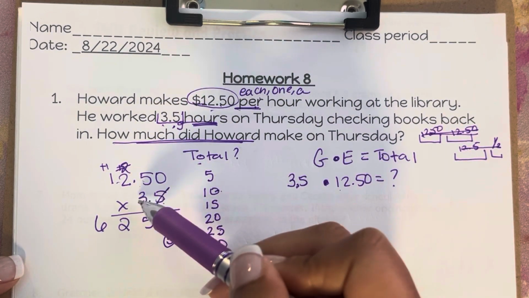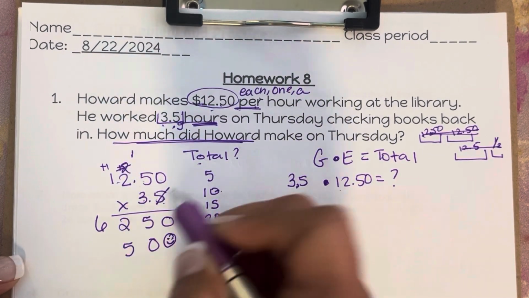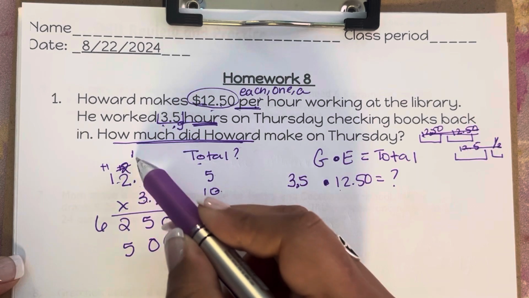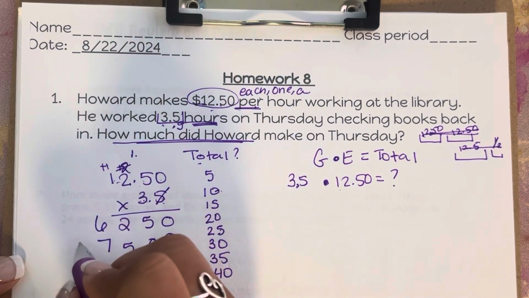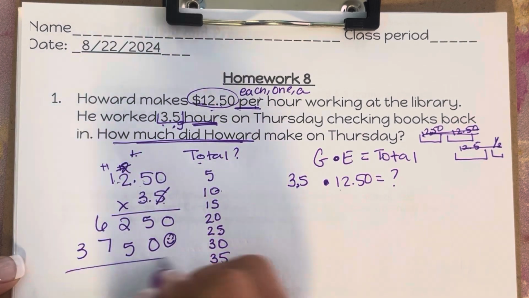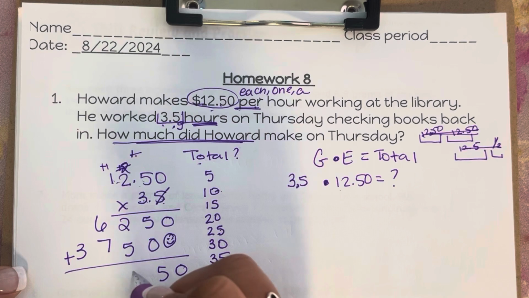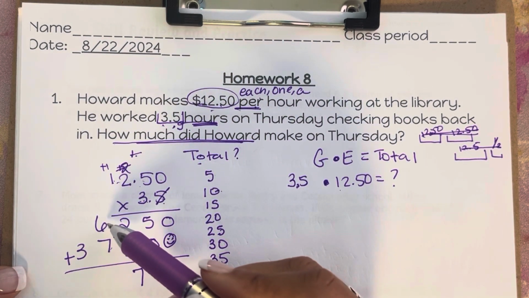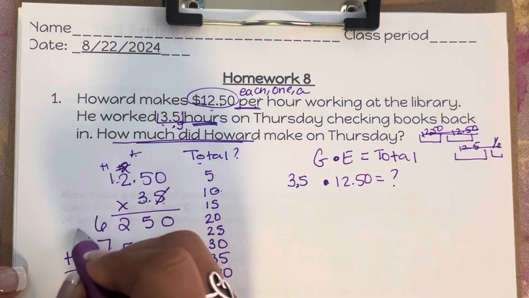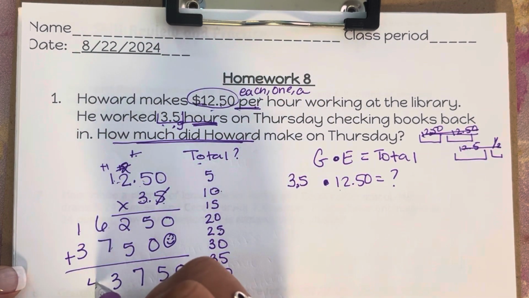And now we're doing 3. 3 times 0. 3 times 5 is 15. 3 times 2 is 6, plus 1 is 7. 3 times 1 is 3. And we add these here. 0, 5, 7. 7 plus 7 is 14, so carry the 1, 13. 3 plus 1 is 4.